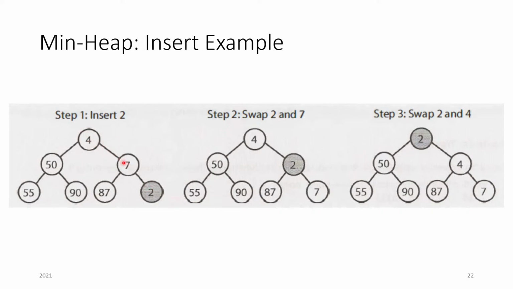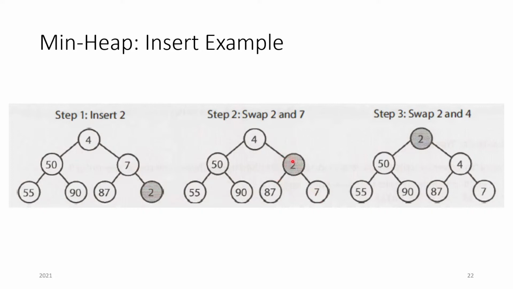Because 2 is on the rightmost side because of our insertion, and it's less than the value of its parent node, we swap 2 and 7 first.